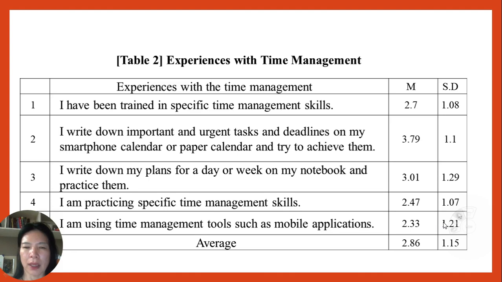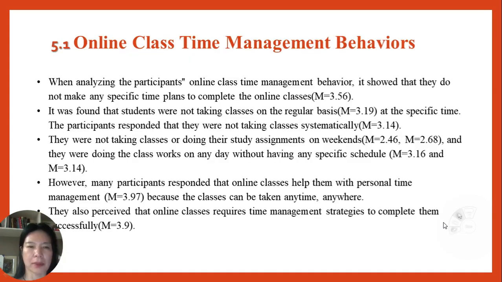The highest score was 3.79: "I write down important and urgent task deadlines on my smartphone calendar or paper calendar and try to achieve them." So when they use a scheduler, they use a smartphone. That's what we know. But as a whole, they didn't have much experience in time management.